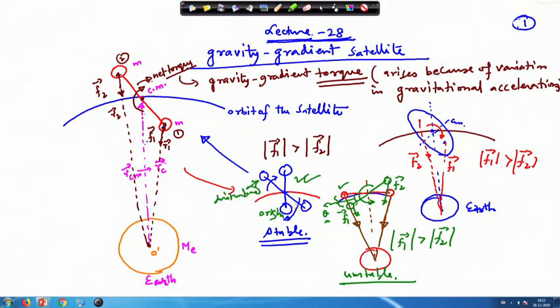So, if it is disturbed from the original position by a certain amount, by theta angle, let us say, how much time does it take to go from this position to this position?